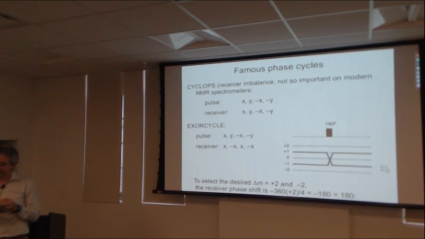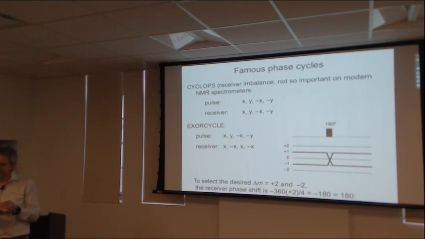So the coherence order change, delta P, is -2. We shift the phase by 90 degrees. The receiver phase has to shift by -180, which is -2 times 90 times 2. And a minus 180 phase shift is the same as a plus 180 phase shift.